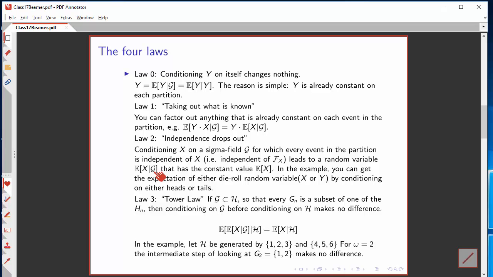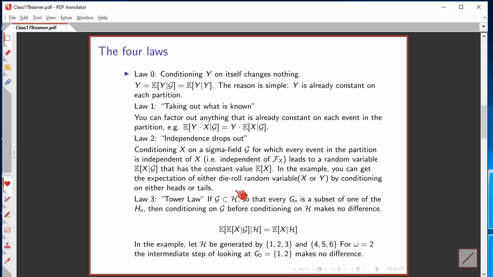And what we have to do when we condition on heads is just average over the 1, 2, and 3 that combine with heads. But of course, that's exactly the same as conditioning on the event {1, 2, 3}, whether combined with heads or tails. So the independent event drops out.